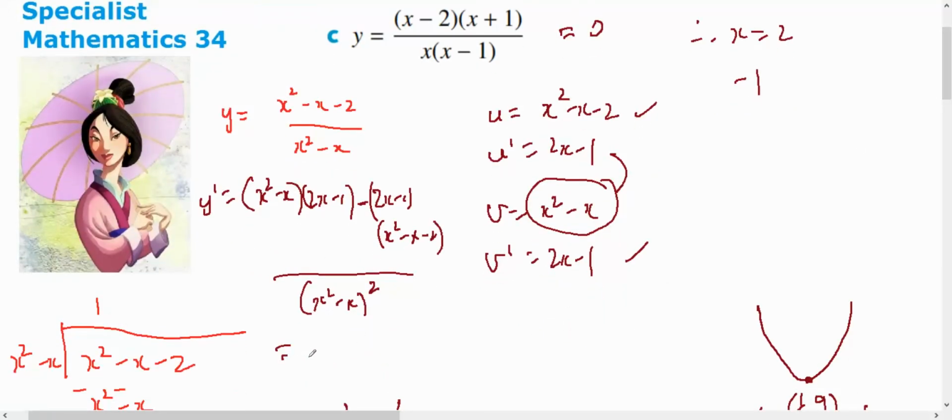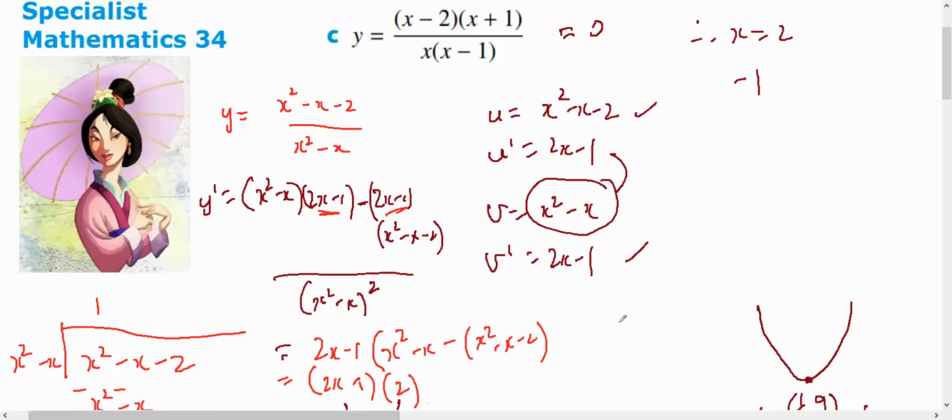And to simplify that, I'm going to have a common factor of 2x minus 1. So 2x minus 1 outside of x squared minus x, and then minus x squared minus x minus 2, which is 2x minus 1. X squared minus x squared disappears, minus x plus x disappears, minus minus 2, and I have a 2 there.